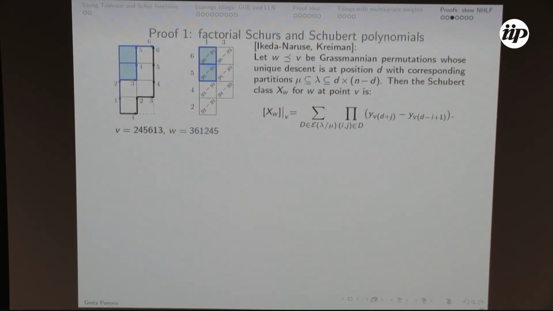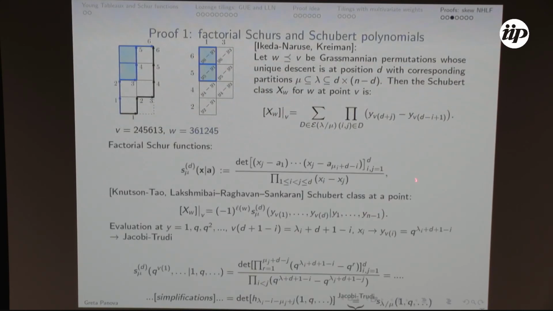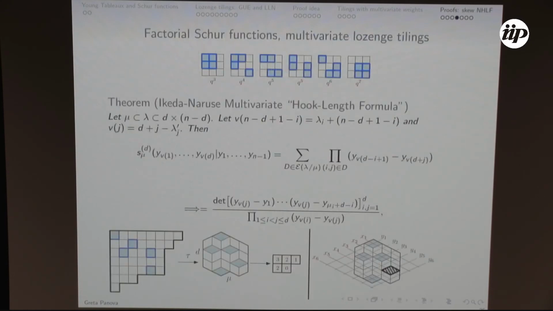But the way this is proven is quite interesting. One does the localization formula for the Schubert classes of the Grassmannian, which are indexed by permutations, and this gives this formula, and there are these determinants.